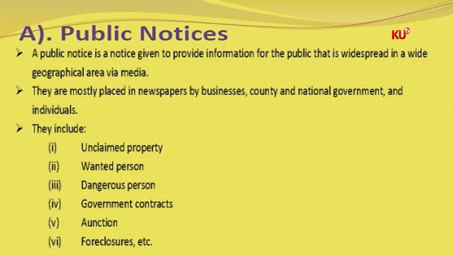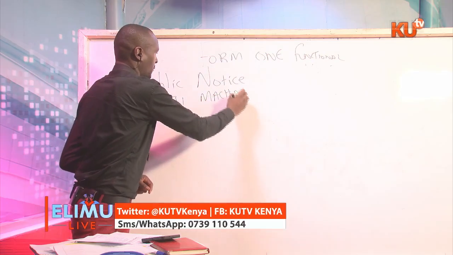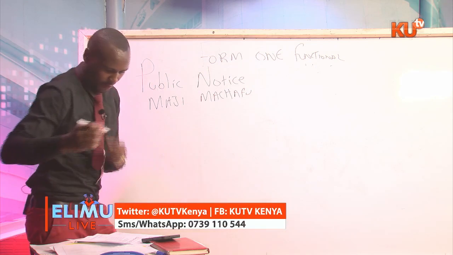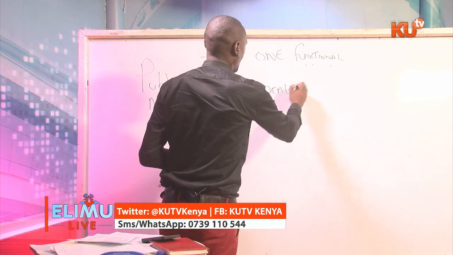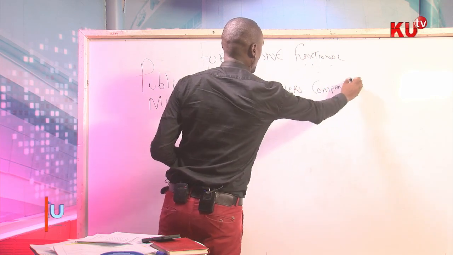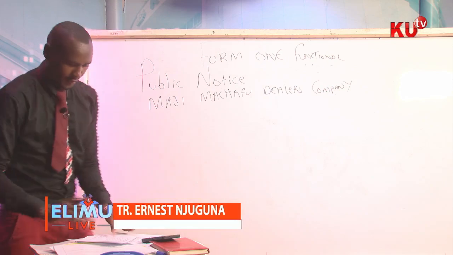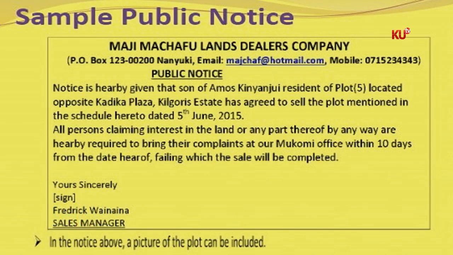I will just copy the sample. Maji Machafu Dealers Company. Then you can have the details there. PO Box 123. It's on the screen.